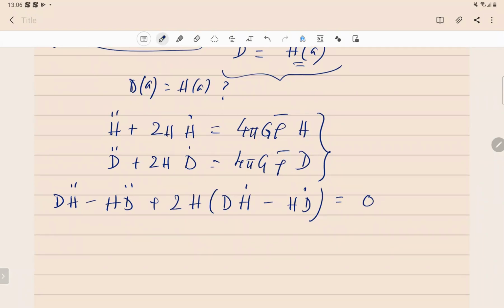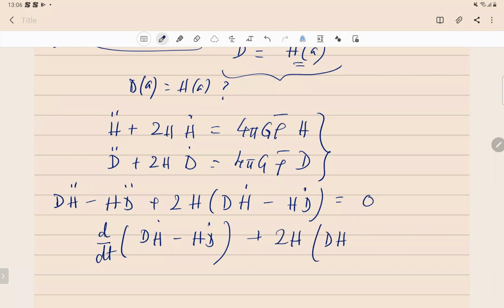You can write this as d dt of d h dot minus h d dot, plus, since the other two terms cancel, twice h times d h dot minus h d dot equals 0.